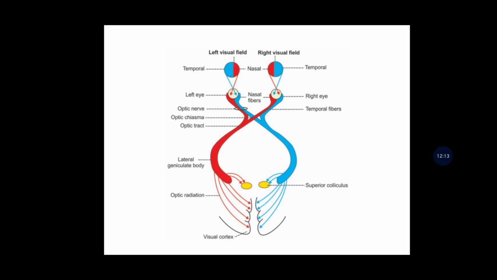So any object in the left visual field will convey its presence via the right optic tract by means of fibers, some of which are ipsilateral and half of them are contralateral. The LGN, lateral geniculate body, fans out to optic radiation which terminates in the primary visual cortex.